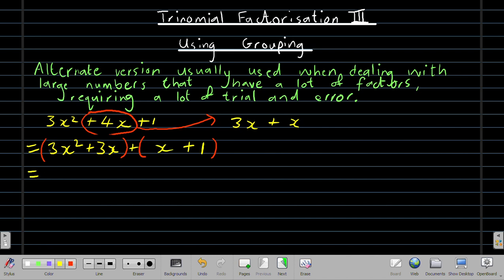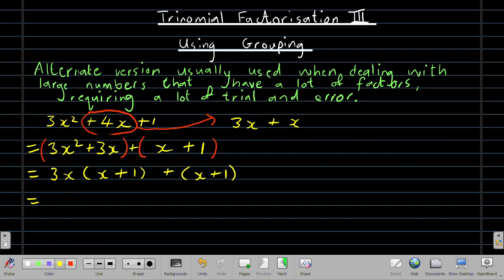And as you can see, we can take out a common factor here of 3x. So that's what we do, take out the common factor of 3x, and what we're left with is x plus 1. Then plus this side here, we don't really have a common factor, but we already have what we need. We have x plus 1, and I'm just going to leave the brackets right there, because here we can treat this whole thing as almost a single term, and I can factorize it out.